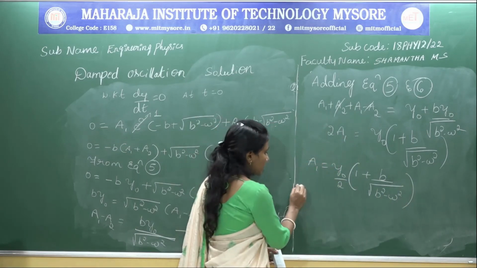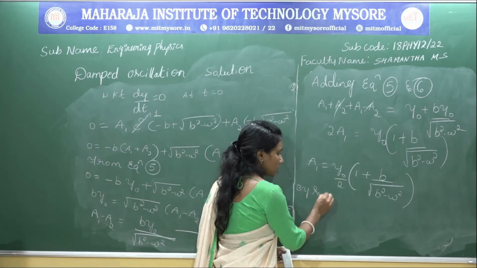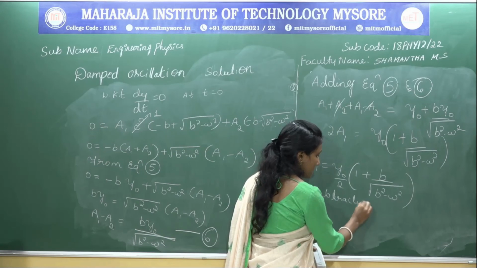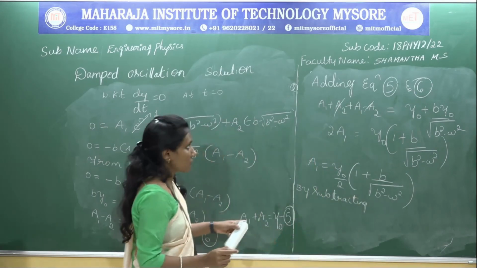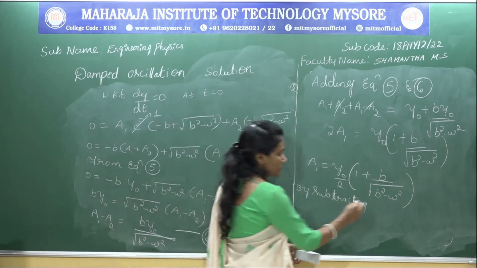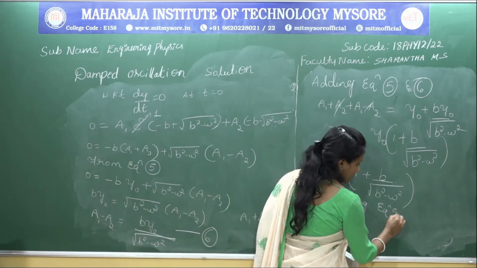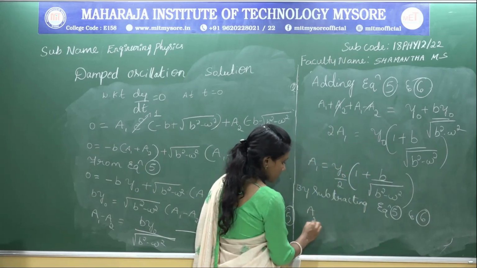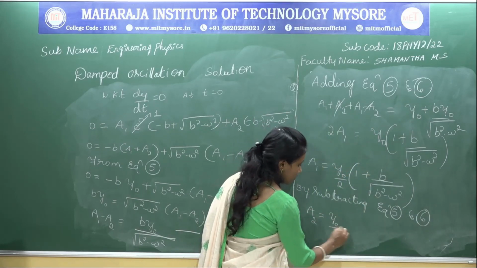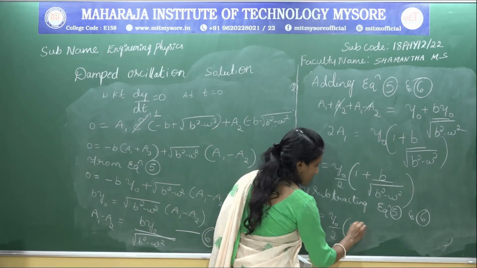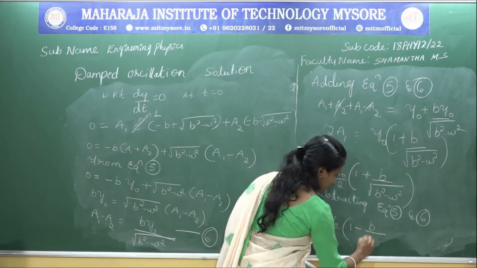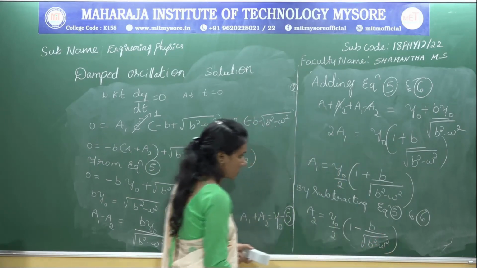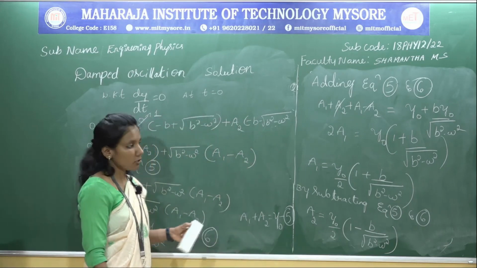Similarly, by subtracting equations 5 and 6, we get a2 is equal to y naught by 2 times 1 minus b divided by root of b square minus omega square. So these are the arbitrary constant values.